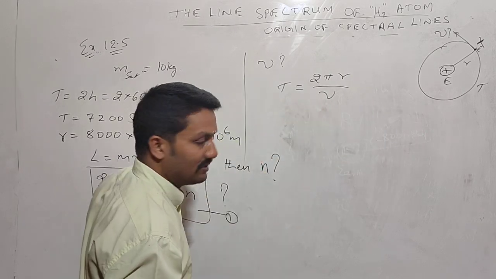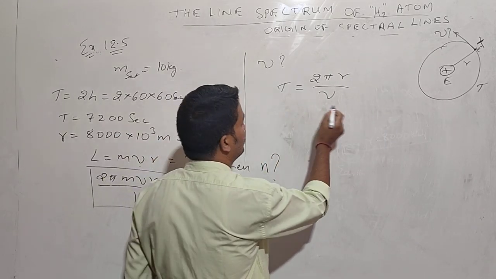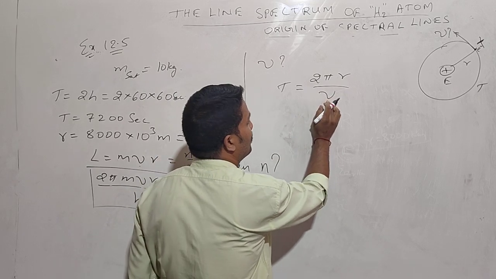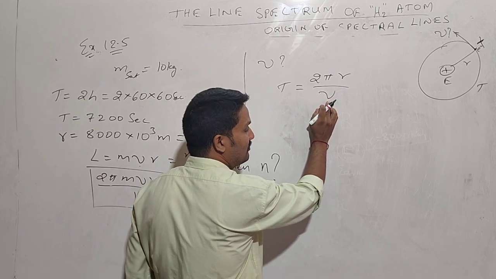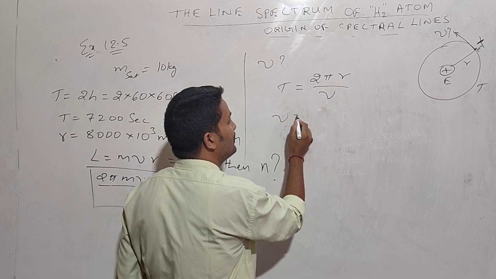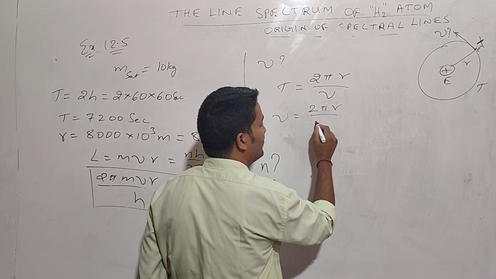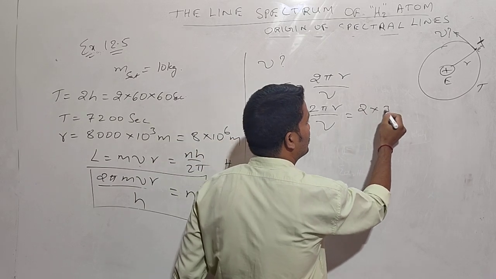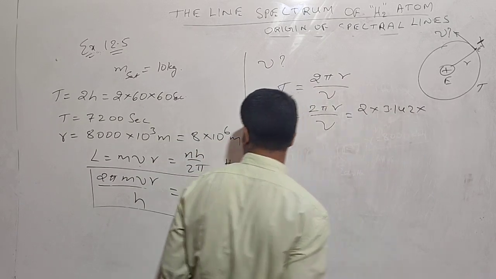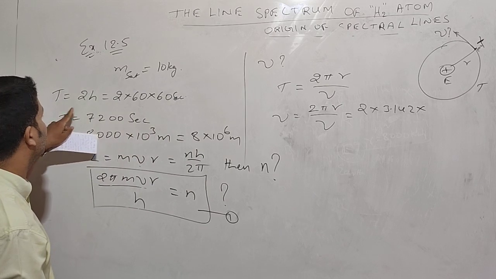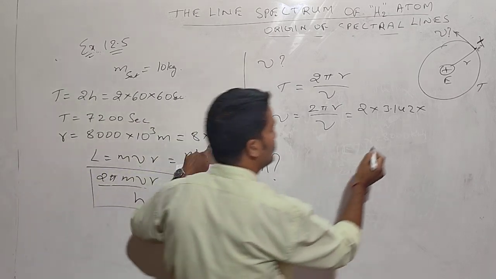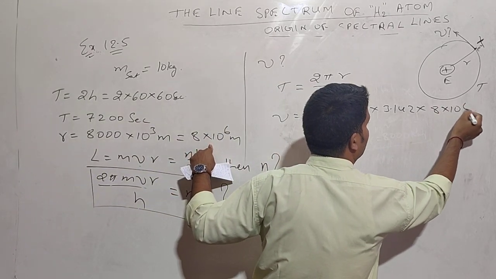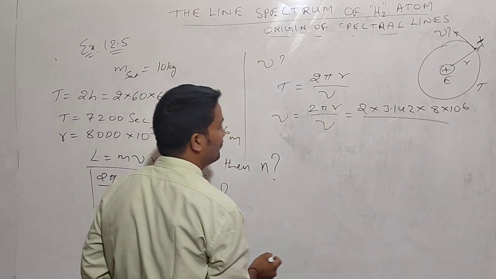So 2 pi r by v, and T is already given. Therefore v is equal to 2 pi r divided by T, so 2 into 3.142 into the radius 8 into 10 power 6, divided by T.